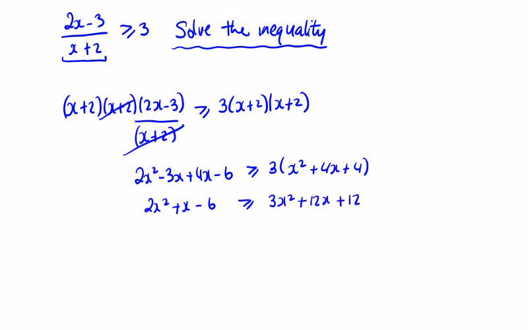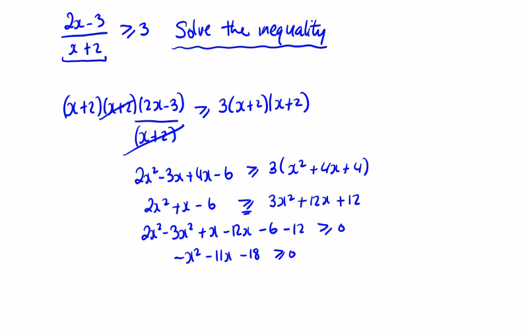And bringing everything to the left, we're going to get 2x squared minus 3x squared, which is going to give me a negative x squared. So we're going to have to reverse this symbol. We'll have plus x minus 12x, and we have minus 6 minus 12 greater than or equal to 0. Minus x squared minus 11x minus 18 greater than or equal to 0.